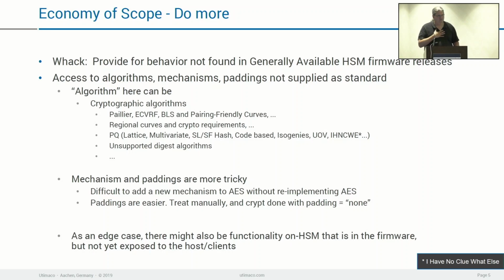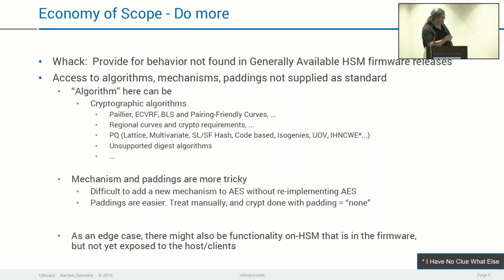So we're not going to do that for you. It's a question of return on investment for us. But if we can provide to you an SDK that allows you to take that code, put it into the HSM yourself, now you have access to those algorithms, and you also have the IP yourself. We don't see the IP, so your lawyers don't have to worry about us exposing your IP to a third party.